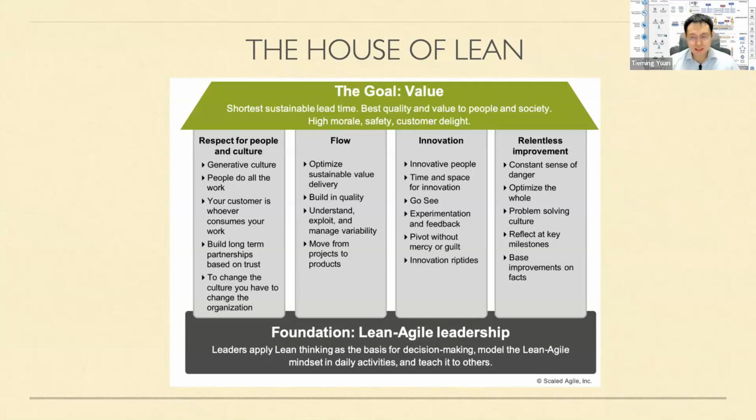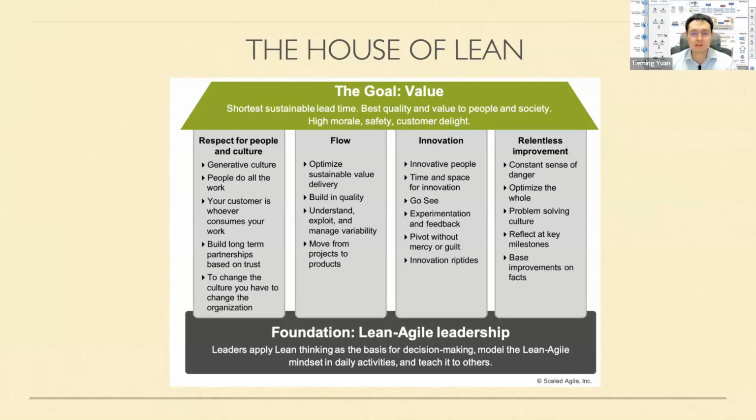So the mindset of the leaders, the decision-making, the model of the Lean Agile mindset, daily activities needs to incorporate into the culture of the organization. So it starts off from doing repetitive Agile habits. So repetitive habits become a culture. So the company culture, the leadership mindset is very important.